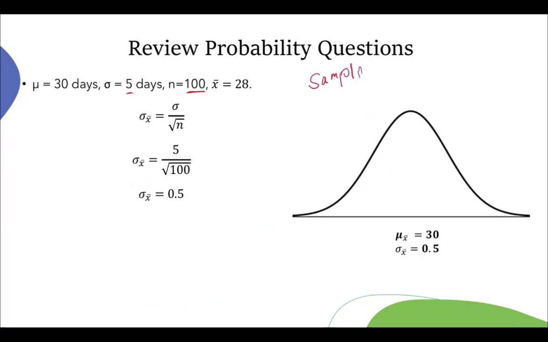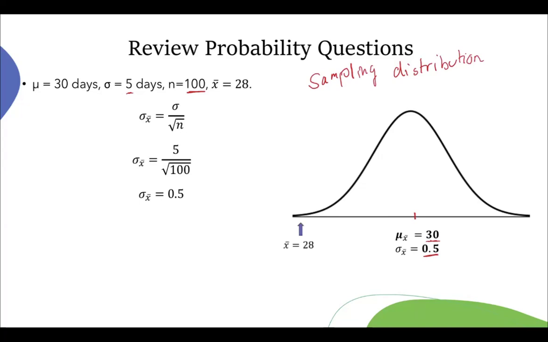This is not the population now, this is the sampling distribution. And we label the center with the same mean. Remember, the mean of the population is the same as the mean of the sampling distribution. We label that in the center, but the standard error now is the measure of the spread of the sampling distribution and not the standard deviation.